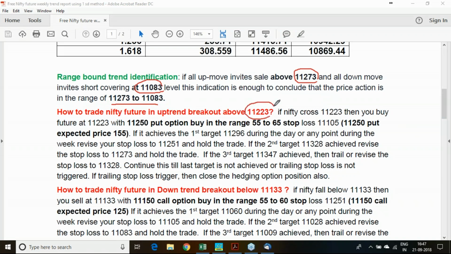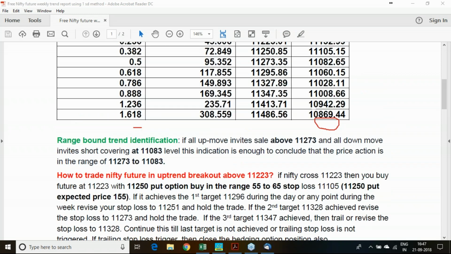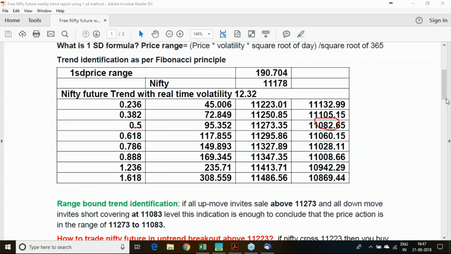If the price moves above 11,223, must buy the Nifty future along with the 11,250 put option. Do remember, hedging is a best practice to implement in the trade. So if you hedge it with 11,250 and your stop loss we are putting at 11,105, we go by the definition of stop loss, we never go by the assumption of a stop loss.